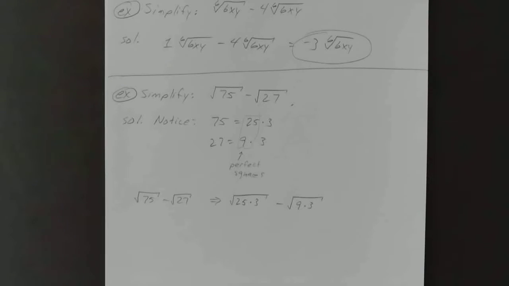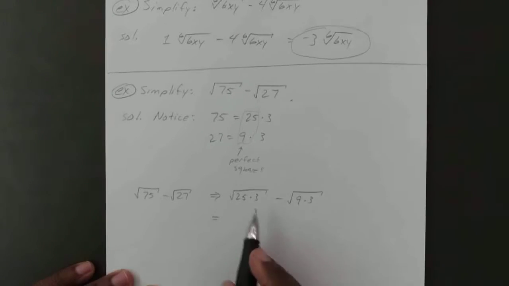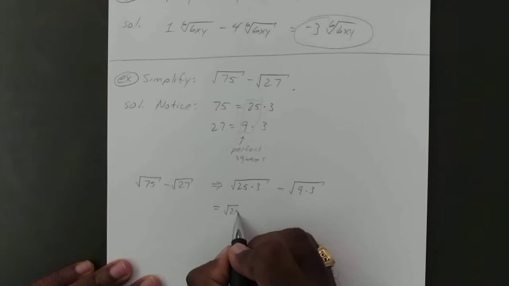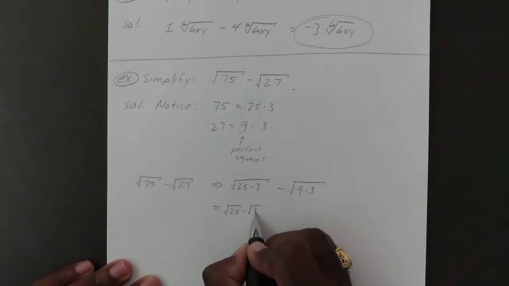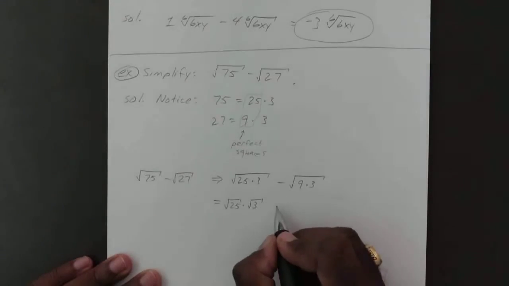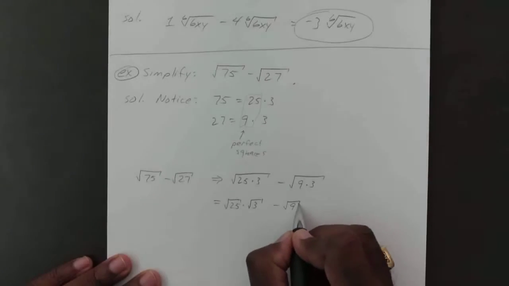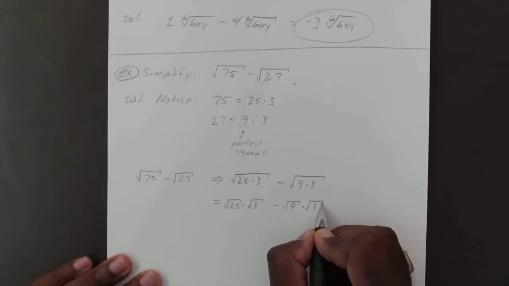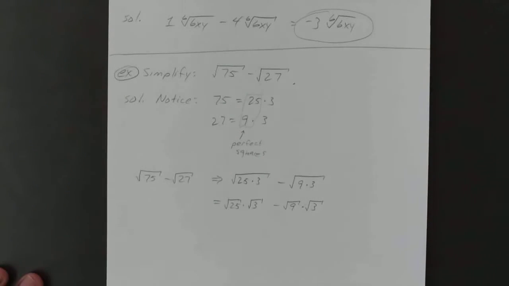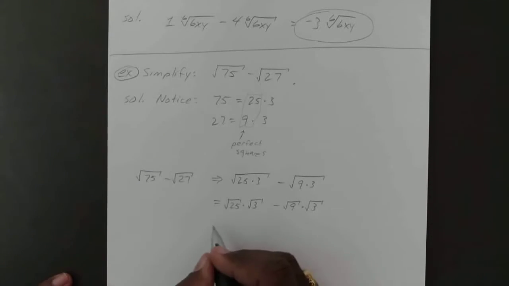If you remember, when you're multiplying and you have them both under the same radicand, you can separate them. So this can actually become square root of 25 times square root of 3 minus square root of 9 times square root of 3. So we know that square root of 25 is either 5 or negative 5, but we're not really dealing with the negatives, so we just use the positives for problems like this.